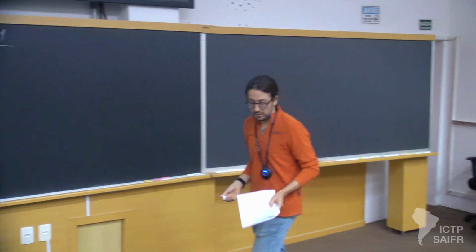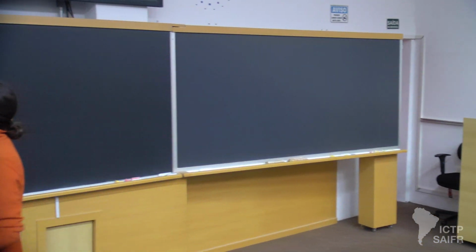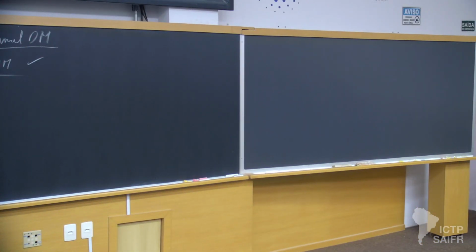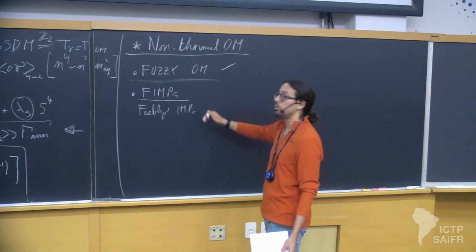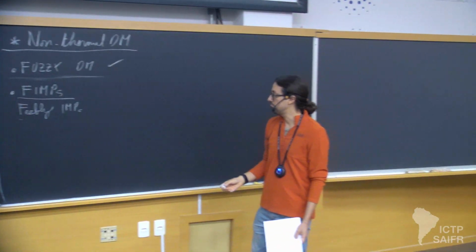So all about thermal dark matter is that we want to have dark matter that reaches both chemical and also kinetic equilibrium with the standard model, right? For FIMPs, or in general for non-thermal dark matter, we want to avoid such an equilibrium.